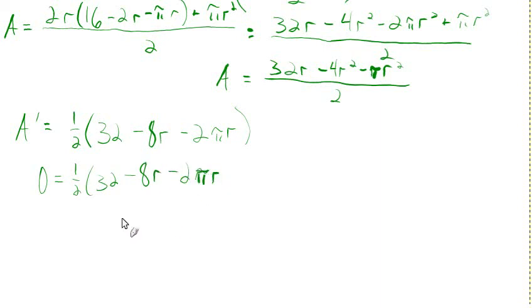2 pi r. So let's multiply by 2. We'll get 32 minus 8r minus 2 pi r is equal to 0.